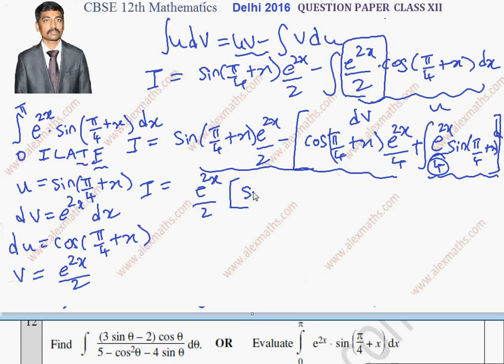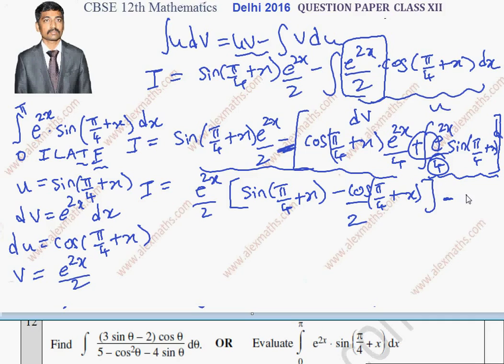Then inside the bracket I will be left with sine of pi by 4 plus x minus cos of pi by 4 plus x, but we have by 2 here because I took only 1 by 2 common. Then this minus sign is here, which is common. So here it will become minus I by 4.